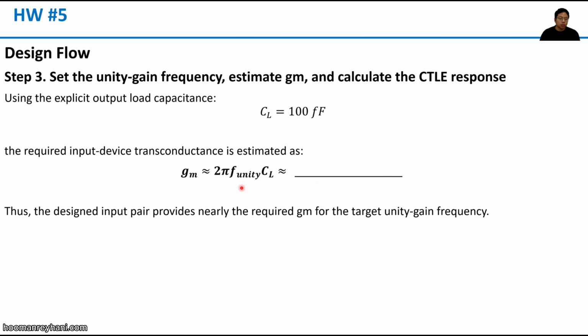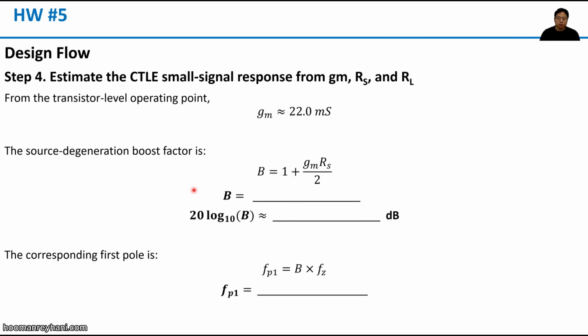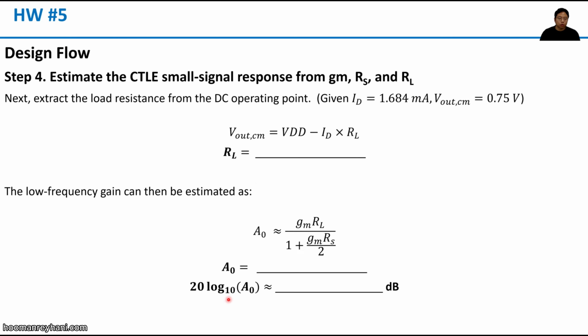And here we estimate the GM that is required to achieve the chosen target unity gain frequency. And here, using the GM and the degeneration resistor, we get the boost factor, and then we calculate the first pole frequency. And then we want to calculate the load resistor value and the low frequency gain.